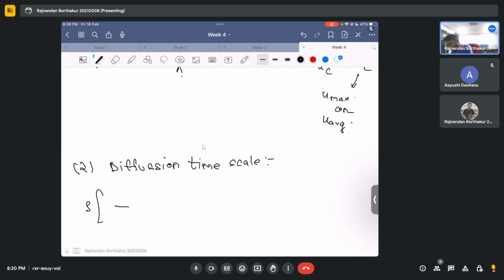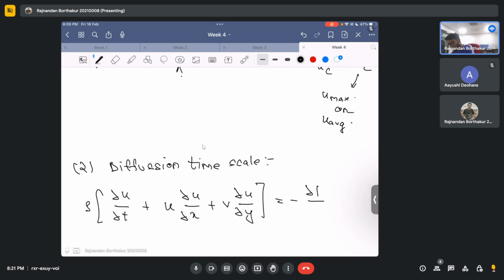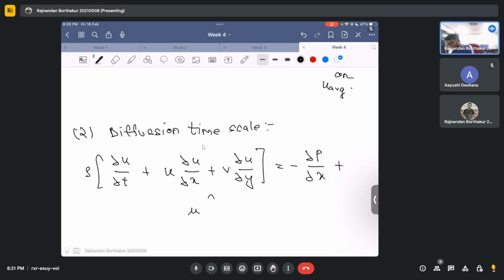The x direction equation would be del u by del t plus u times del u by del x plus v times del u by del y, and I just considered a planar flow, equals minus the pressure gradient, del p by del x, plus mu times del squared u by del x squared plus del squared u by del y squared.